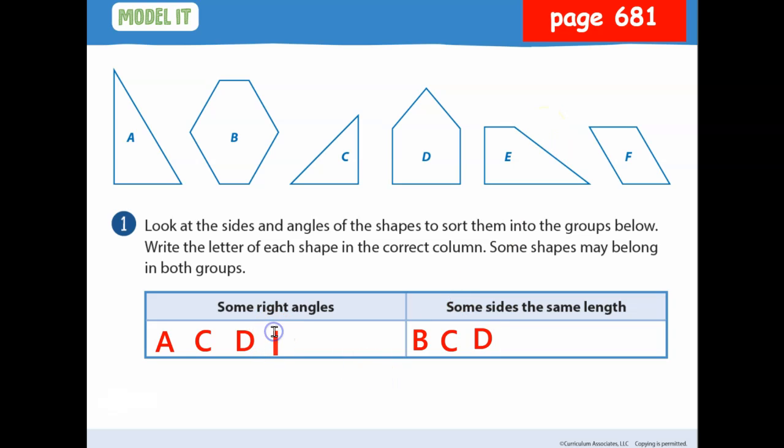Yes, it does. Are there any sides that are the same length? No. How about F? Does it have any right angles? No. Does it have any sides that are the same length? Yes. The left side is the same length as the right side, and then the bottom is the same length as the top. So that would work.